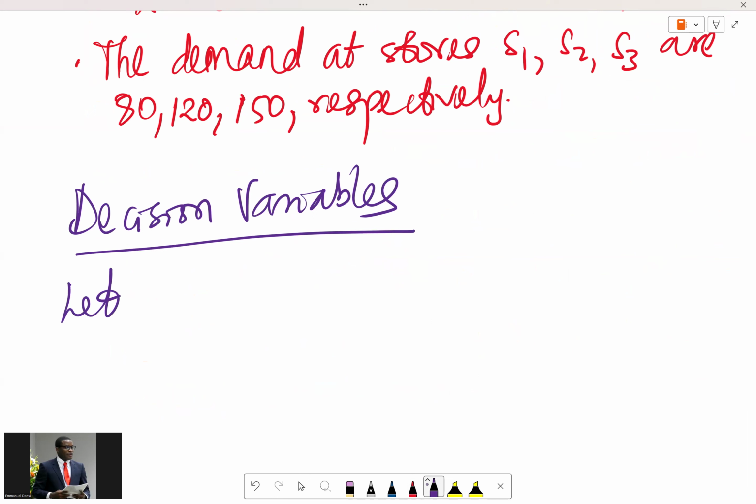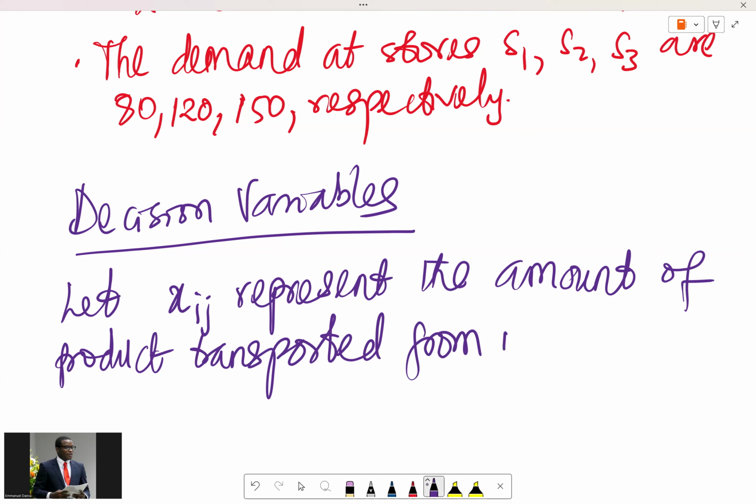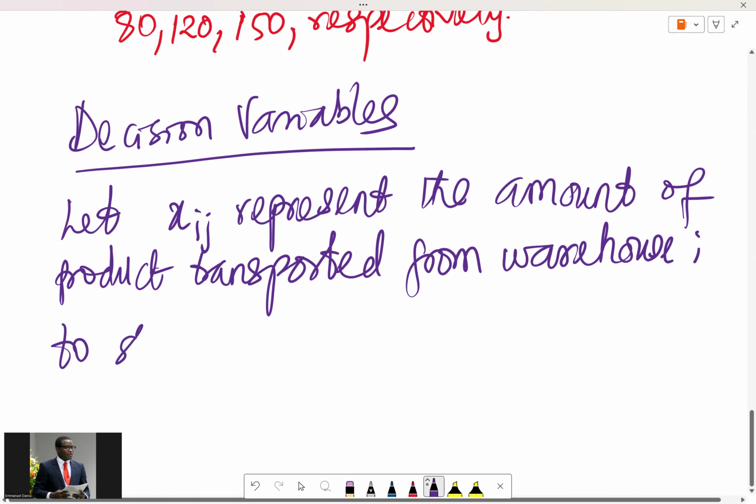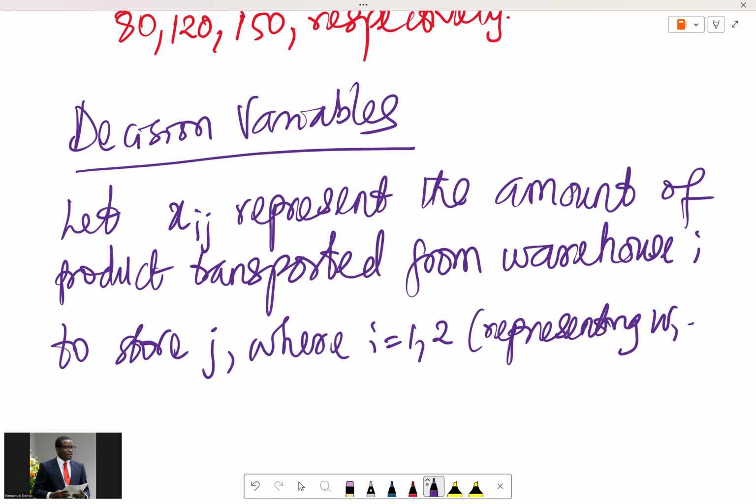Here we can say let Xij represent the amount of product transported from warehouse i to store j, where i will be 1 and 2, representing warehouse 1 and warehouse 2.